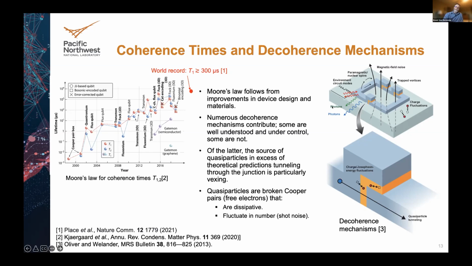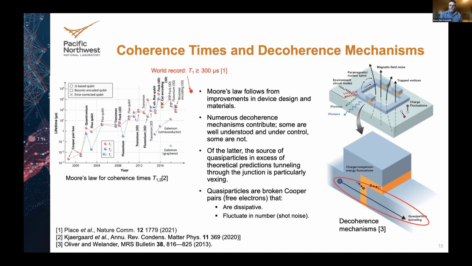And that addresses a whole host of decoherence mechanisms for a qubit. Many of them are denoted on the top plot on the top right. The one I'm talking about is what happens by excess quasi-particles, down there in the bottom right. This one is particularly vexing, not in that we don't know what quasi-particles do when they tunnel through the Josephson junction.